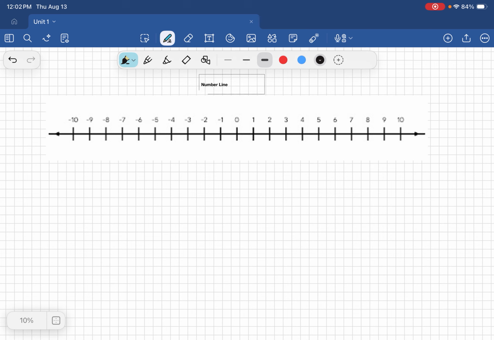All right, now let's try negative 3 minus 4. Start at negative 3, we're subtracting positive 4. The opposite of positive 4 is negative 4. So we can rewrite this as negative 3 plus negative 4.